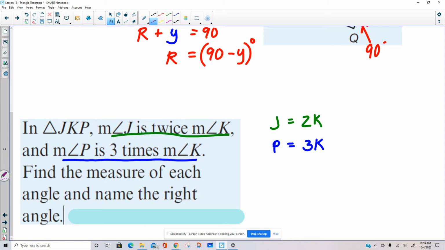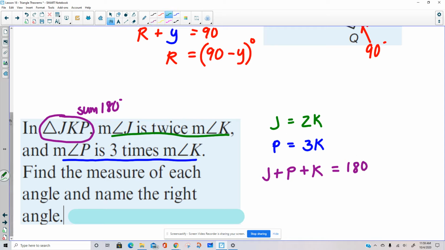Okay, guys, all we know is we have a triangle, so the triangle sum theorem says that all of the angles are going to add up to 180 degrees. So let's start there. We can say that angle J plus angle P plus angle K from triangle JKP are going to add up to 180 degrees. Now let's simply substitute.